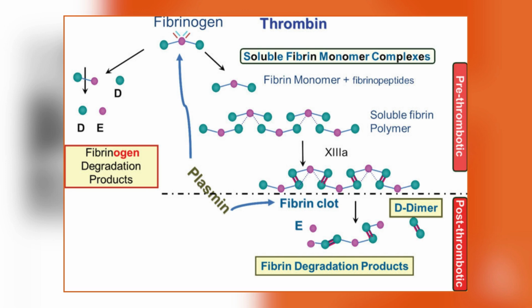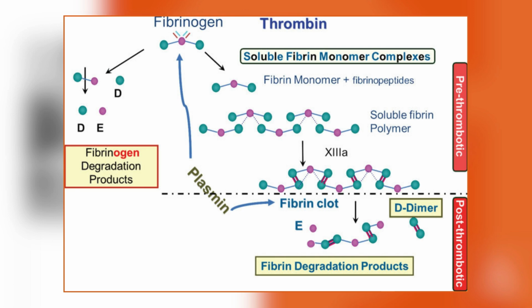So the fibrin monomers are basically a step right after the activation of thrombin on the fibrinogen molecule, so factor 2 to factor 1. And multiple fibrin monomers are going to cross-link together and form the fibrin polymers.